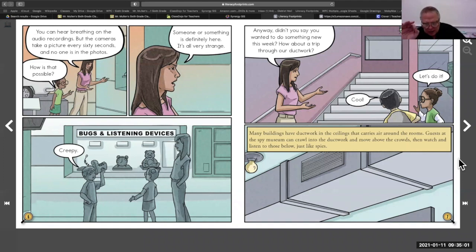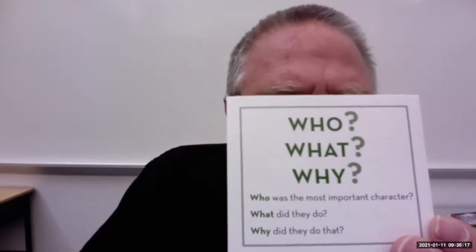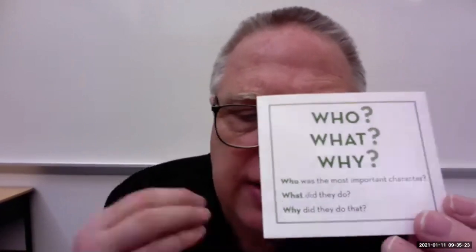Our strategy to help us improve our comprehension, our understanding, is to ask questions. And I want you to ask questions using this: who, what, why. Now, who and what are very concrete.